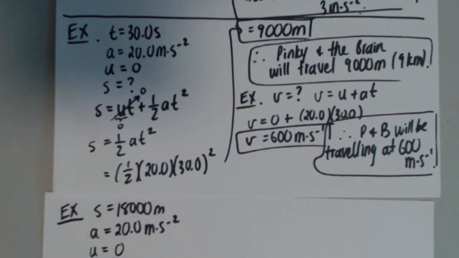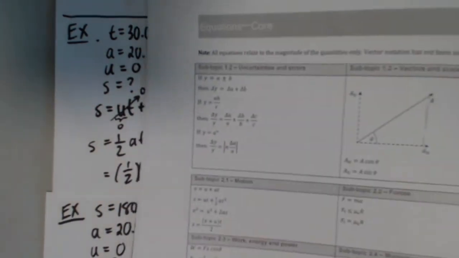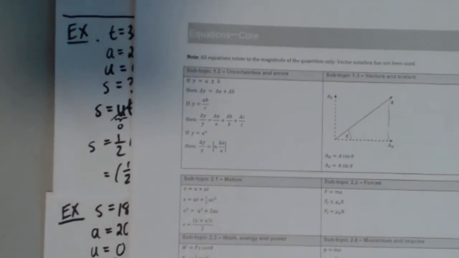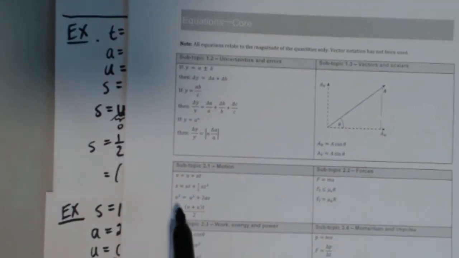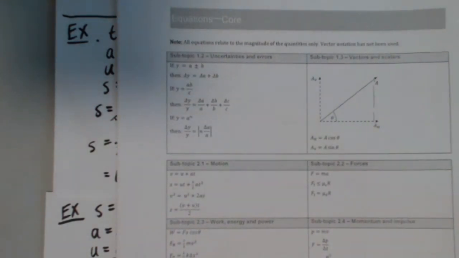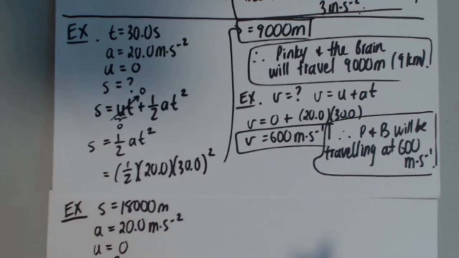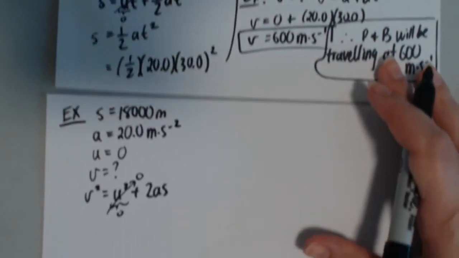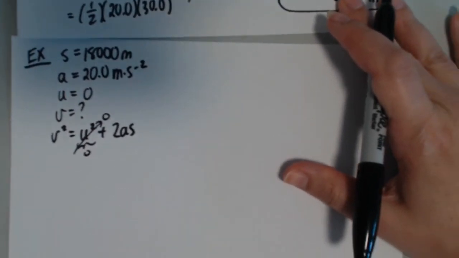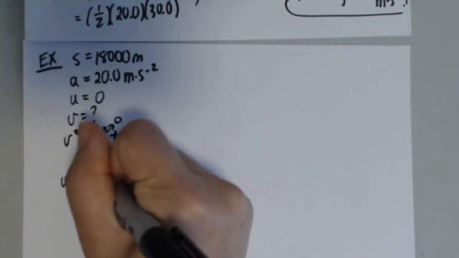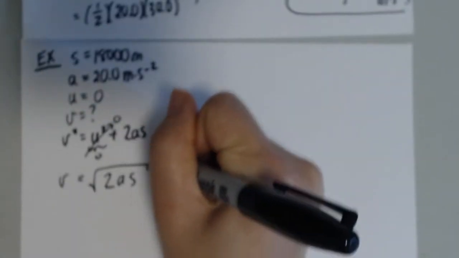All right. So looking at your formula sheet, S, A, U and you need V. If you look at the third equation, you have S, A, U and V is what you're solving for. So that's perfect. So we're going to use the formula V squared equals U squared plus 2AS. Again, U is 0, so 0 squared is 0, so that's gone. So V is equal to the square root of 2AS.